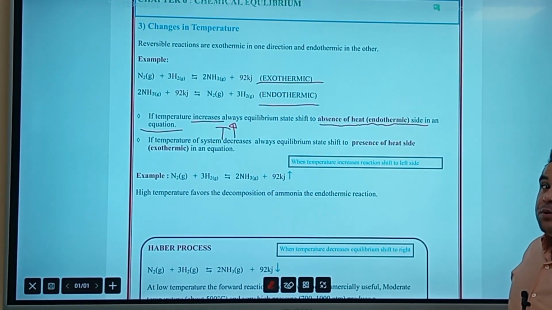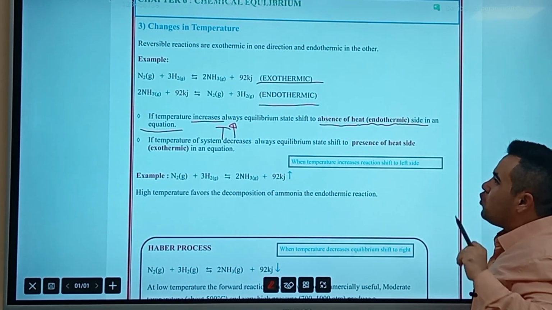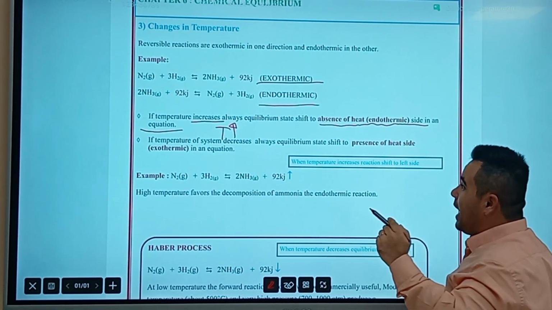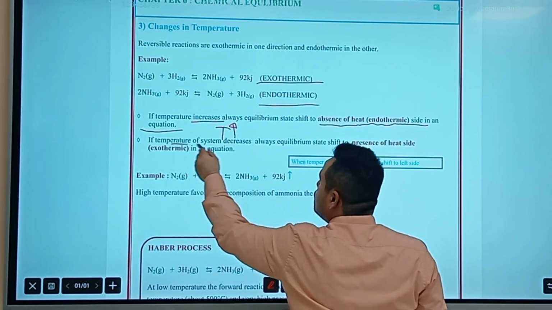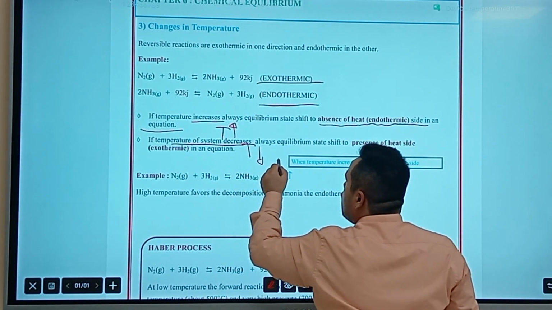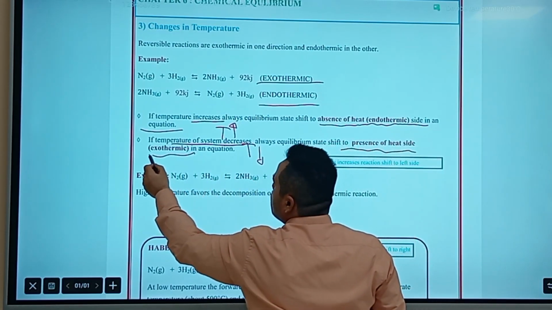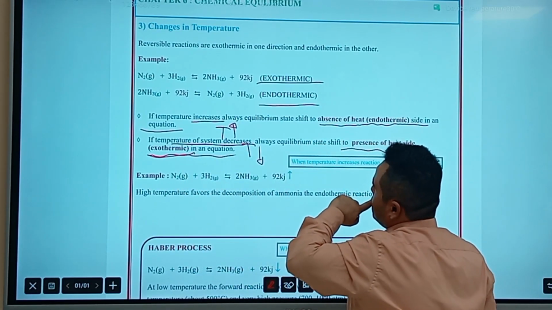To an increase in temperature, always the shifting goes toward what? The endothermic side. But decreasing temperature always shifts toward the presence of heat side, which is the exothermic in the equation.